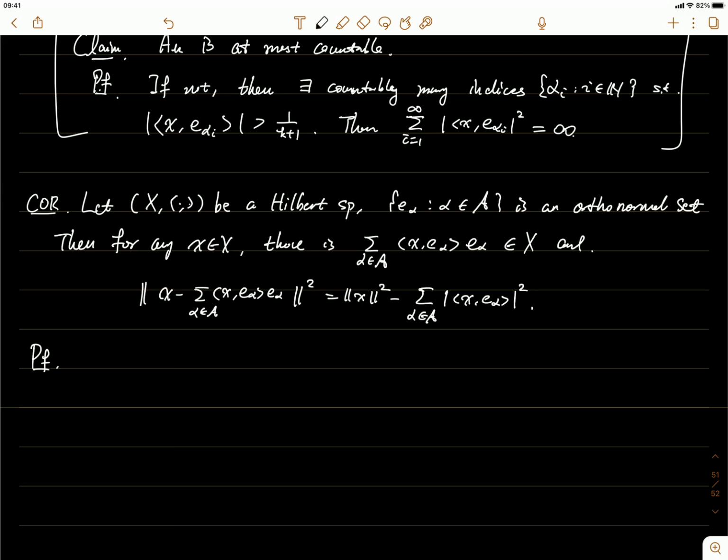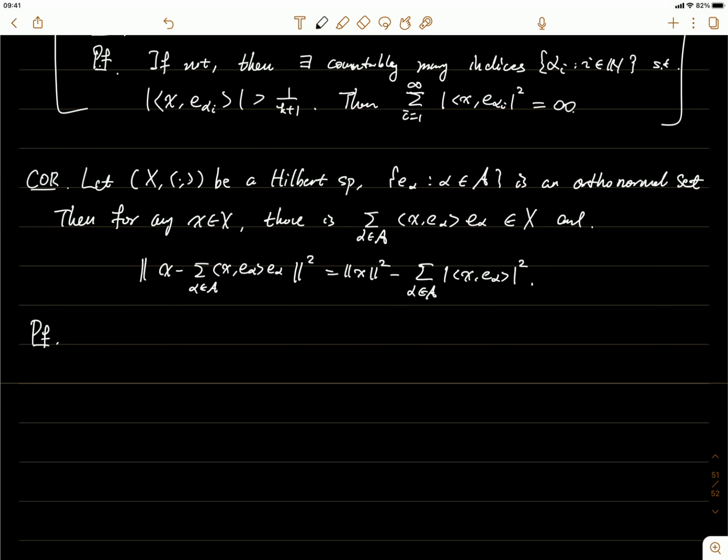So on the one hand, we know that for every fixed x, we don't really have to write out everything here because there are at most countably many of them with non-zero coefficient.